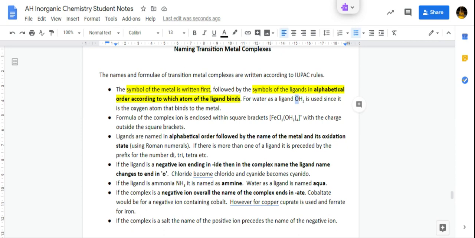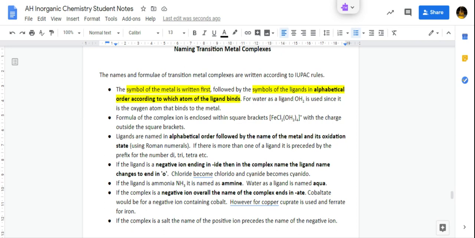So we write the oxygen first of all. If, for example, we had a chloride ion ligand and we had a water ligand in a transition metal complex, you would put the chloride ion first of all because Cl comes before O in the alphabet. So in the formula, it has to be in alphabetical order according to which atom of the ligand binds.